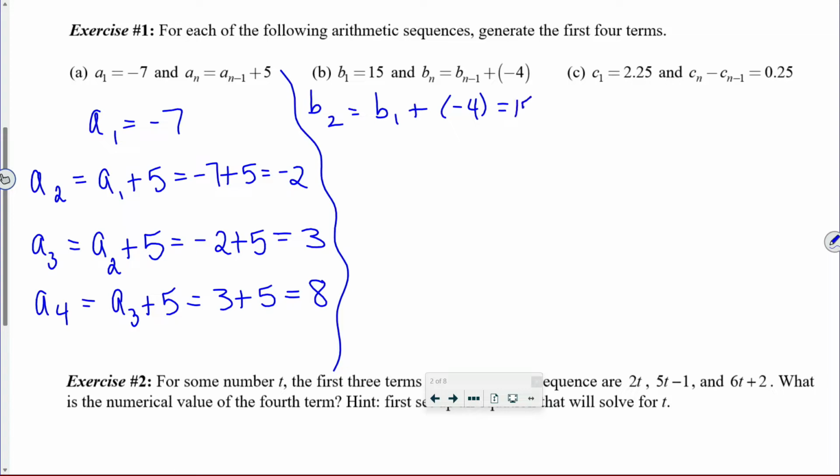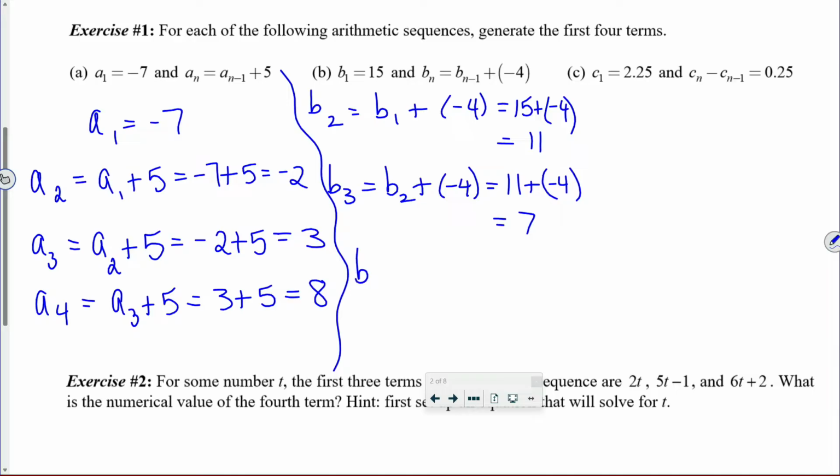So that's going to be 15 plus negative 4, and that's going to be 11. b3 is going to be b2 plus negative 4. So that's going to be 11 plus negative 4, and that's going to be 7. And b4 is going to be b3 plus negative 4, and that's going to be 7 plus negative 4, and that's 3.